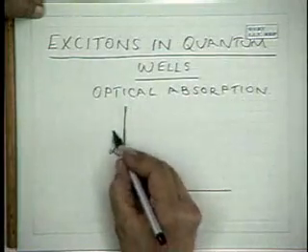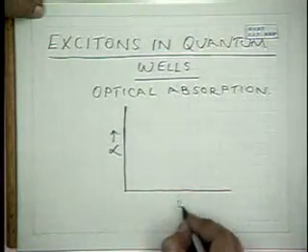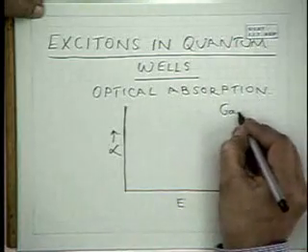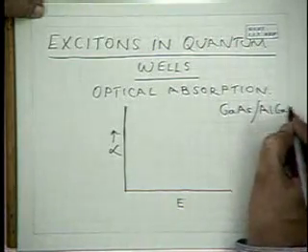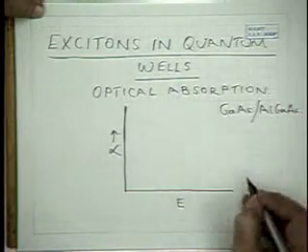If you plot alpha against energy, this is for a gallium arsenide, AlGaAs quantum well.